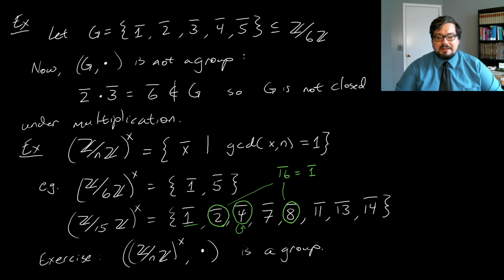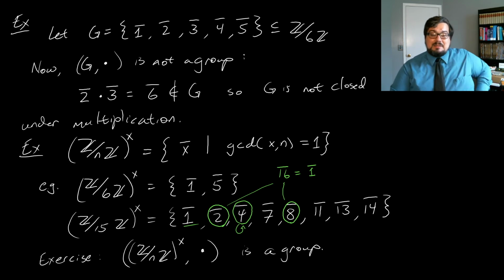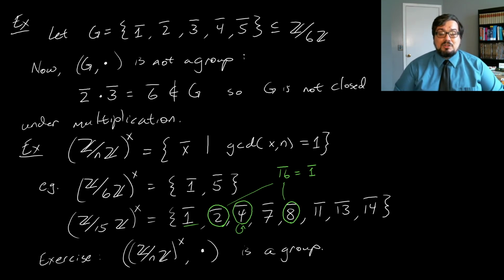So given any element of Z mod 15Z, you should try and show that there's some other element that multiplies by that to give you the equivalence class of 1. And then see if you can prove that the same thing is going to be true for any n.